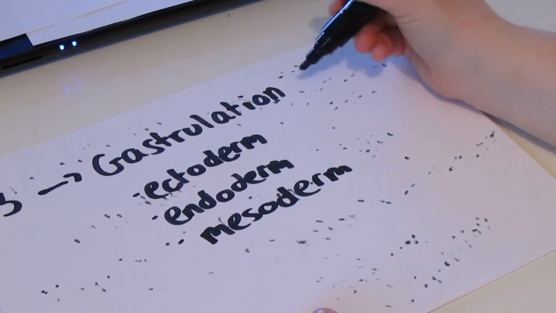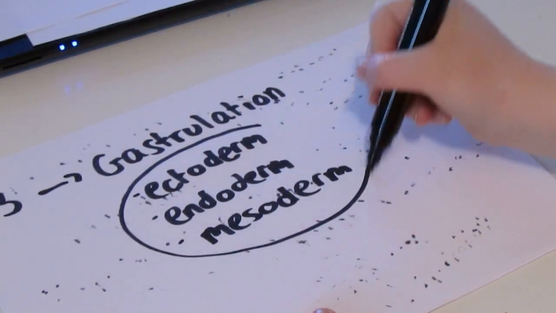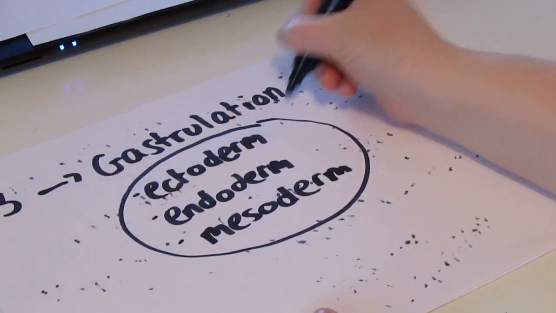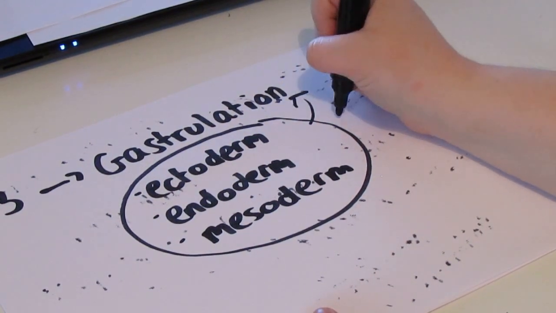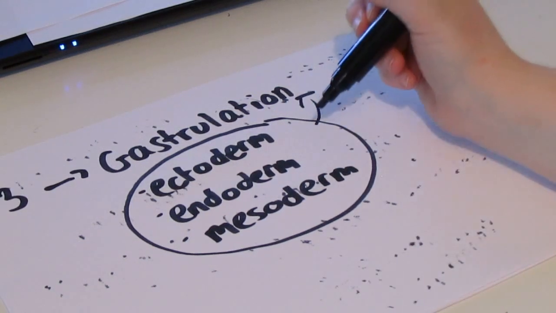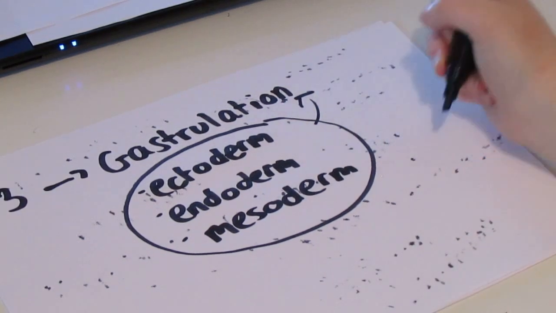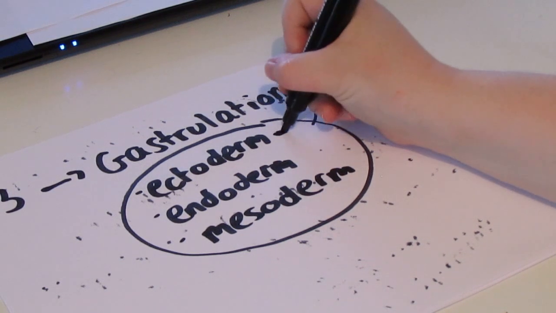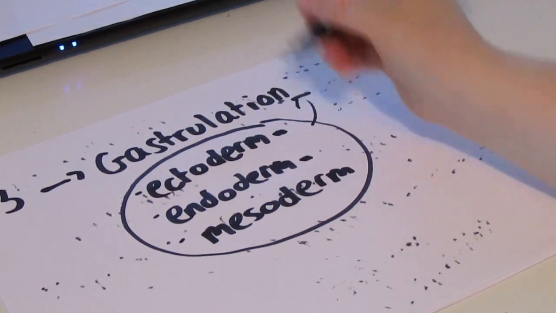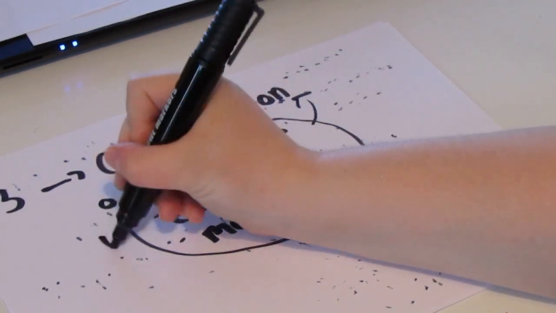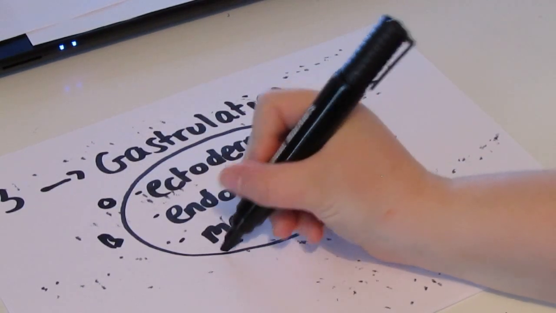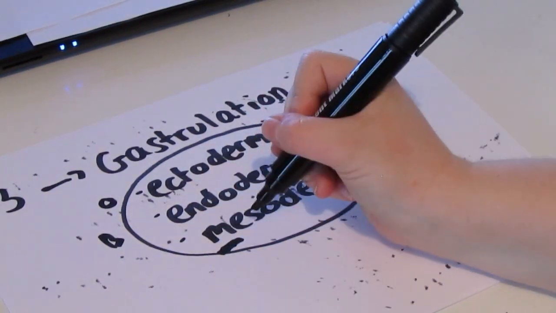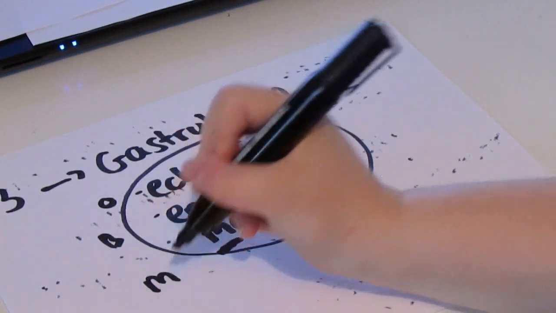And these 3 germ layers that form here, this is called gastrulation, the formation of these layers, but this is a result of cell division and migration. And ectoderm is the outer layer, endoderm is the bottom layer. I'm going to put A for outer, B for bottom, and mesoderm, just remember this M for middle, M for mesoderm, is in the middle.